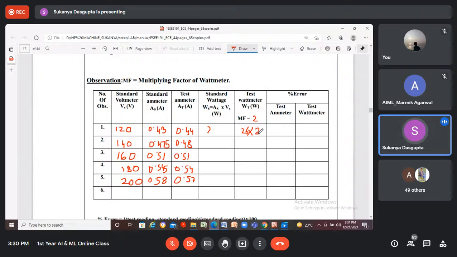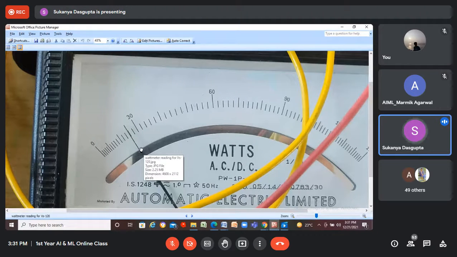Actually, it is 52, not 26, because we have to consider the multiplying factor. That should be multiplied with this wattmeter reading because we have connected the V terminal with 300 volt.